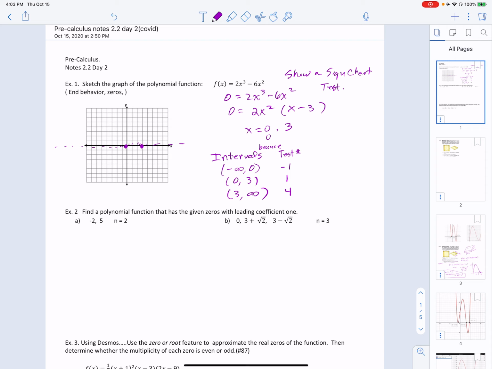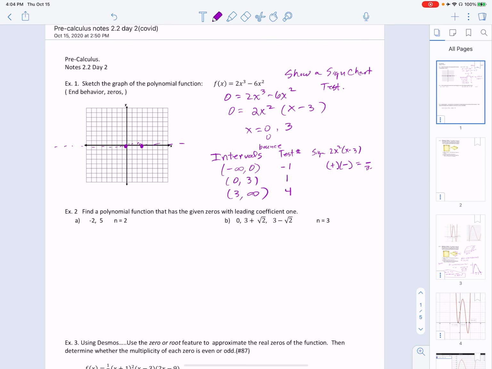And then I need the sign of that product, 2x squared times x minus 3. If I put a -1 in there, the 2x squared is going to be positive, and with x minus 3, I get -1 minus 3, which is a -4, so that's negative. And when I multiply a positive times a negative, I get a negative.